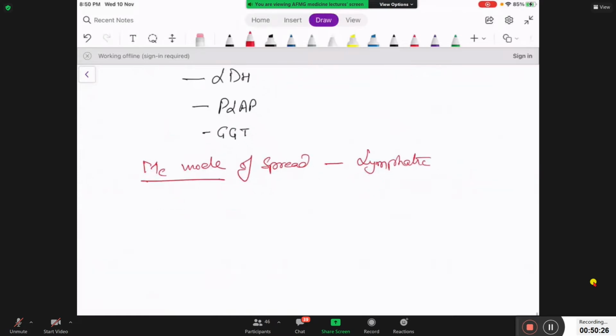And very, very important to note, the lymph nodes which are involved in testicular malignancy are para-aortic or inter-aortocaval lymph nodes.